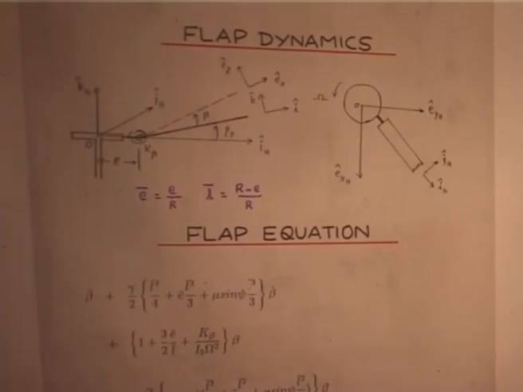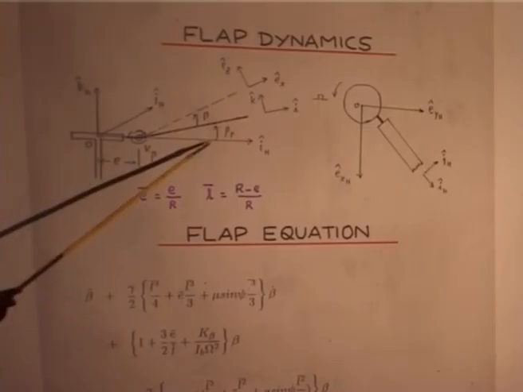You can represent it equivalently as an offset hinged spring restraint blade model. Even our blade is similar. Now you have to write the flap dynamic equations for this model. Of course, the procedure is identical.